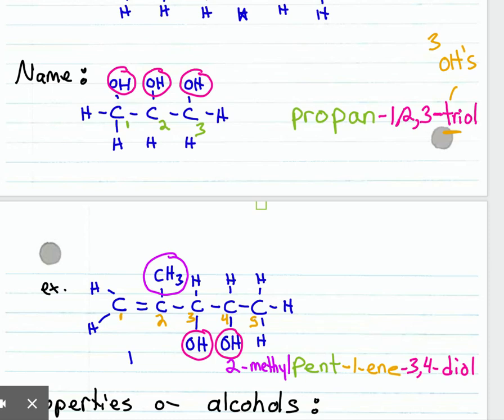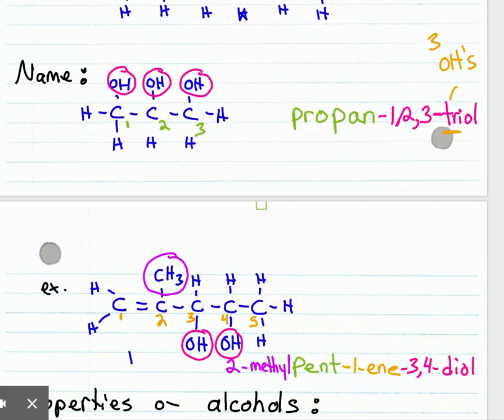So the double bond gets the lowest number, and then if you had to break a tie, then you would give the hydroxyl group the lower number over a methyl group. Okay, so that is why this is carbon 1 here instead of this being carbon 1, because the double bond gets preferential treatment when it comes to numbering.